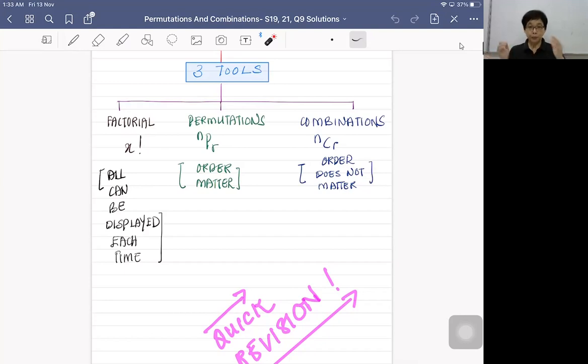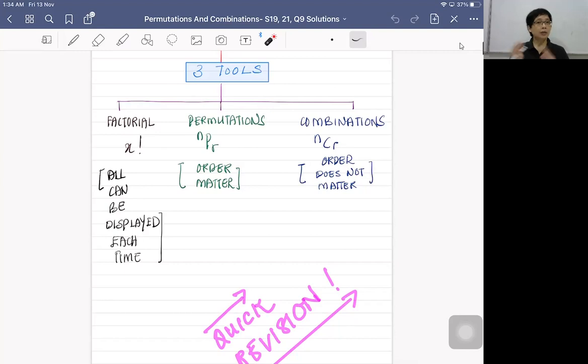Now, how do we differentiate between permutation and combination? As stated here, permutation is when order matters, when the order of the items makes a difference, and combination is when order doesn't matter. In other words, if you put in 1, 2, 3, and then the 1 is put at the back and 2 to the front, you get 2, 3, 1.